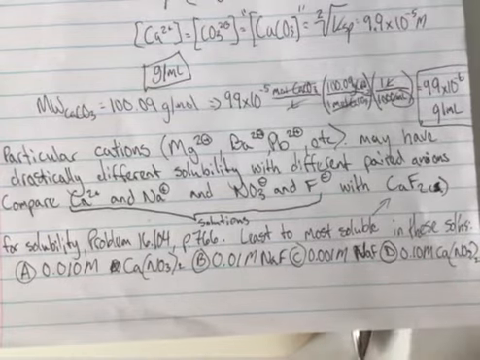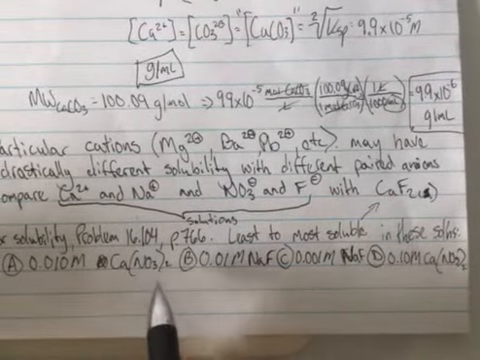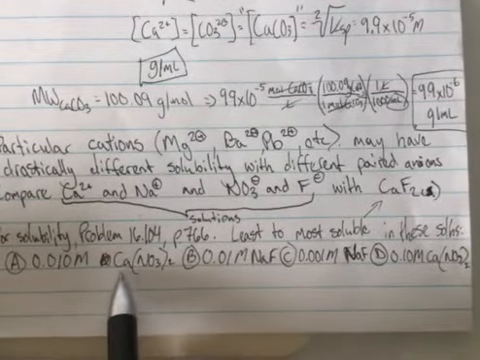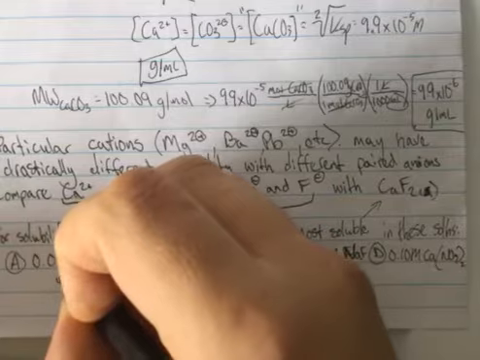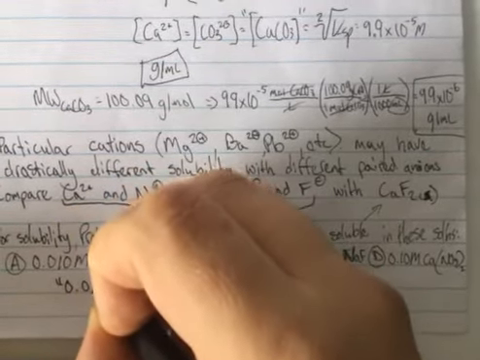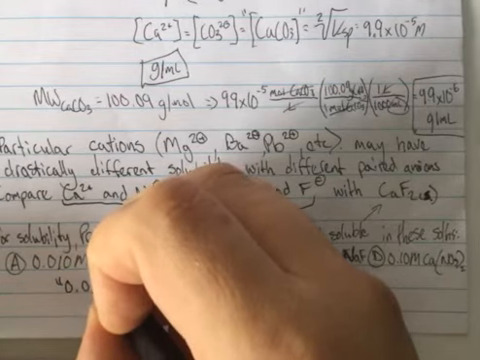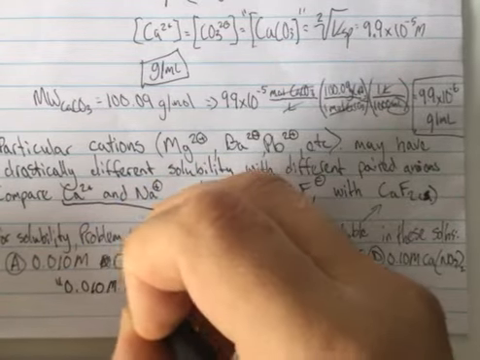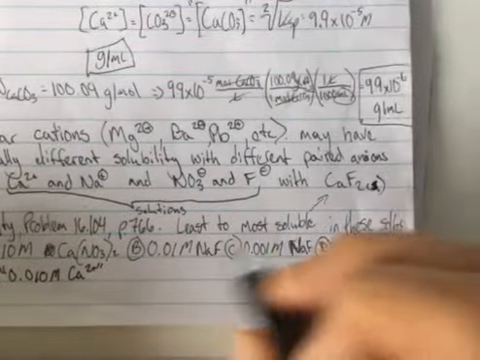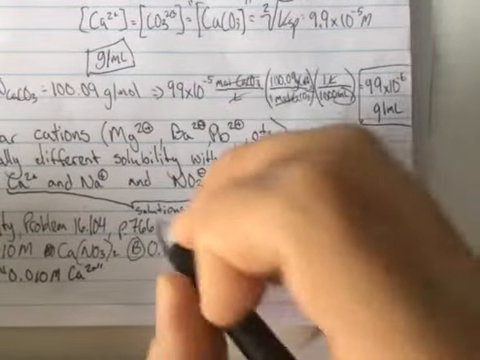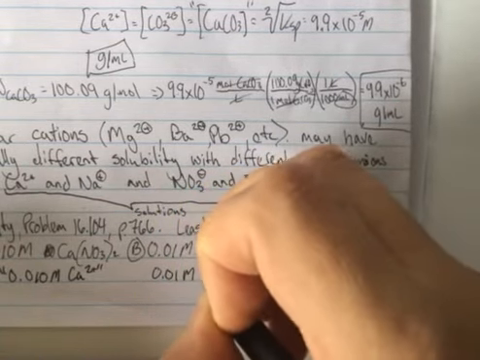So if we take, for instance, calcium nitrate, which is fully soluble in water, we're going to have 0.1 molar calcium, right? All right, and then for B, we're going to have 0.01 molar fluoride.